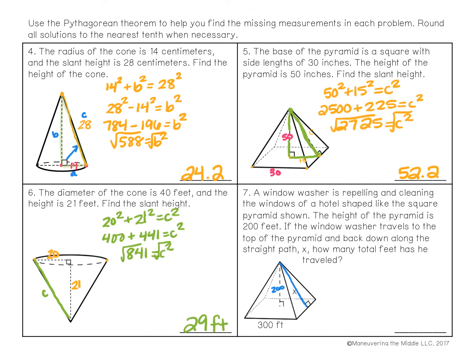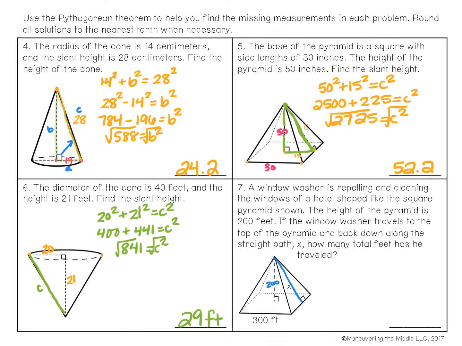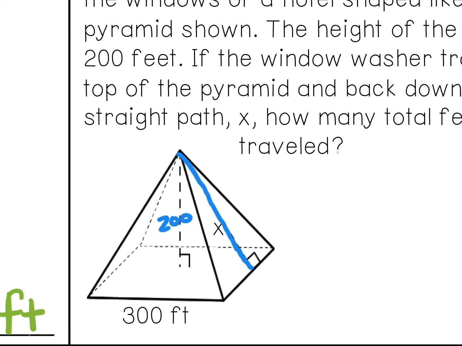So first, let's think about the path that the window washer is going to have to take. He's going to walk in the door, climb to the top, and rappel down, and repeat the process to wash the windows. So we know that this total distance is 300, which makes this distance 150.